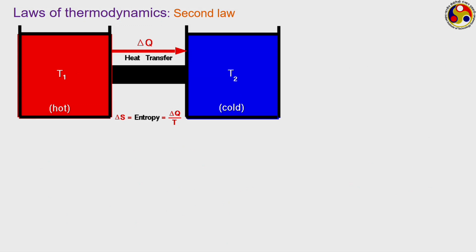Now, for the second law of thermodynamics, there are several statements possible, but generally there are two very popular statements, and out of these we are going to take the one that is generally called the more fundamental, which is the Clausius statement. According to the Clausius statement, it is impossible for a cyclic device to transfer heat from a low temperature reservoir to a high temperature reservoir without any other effect.